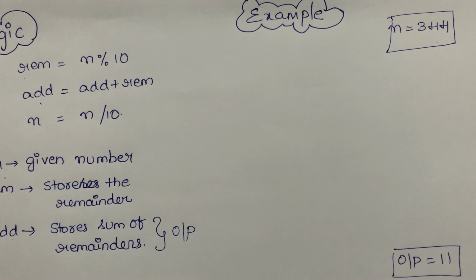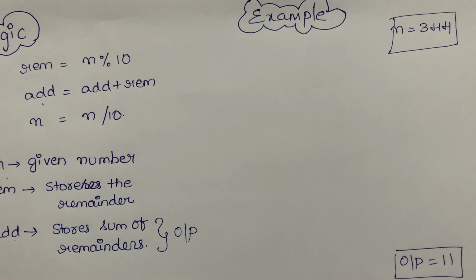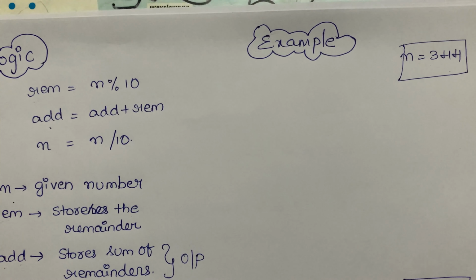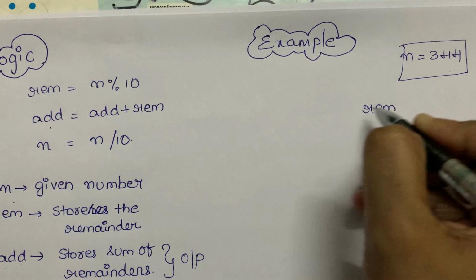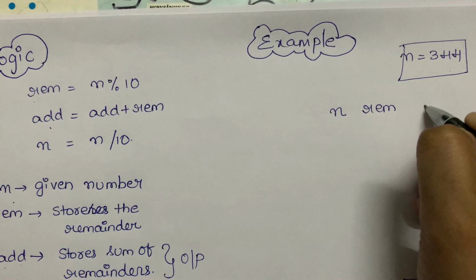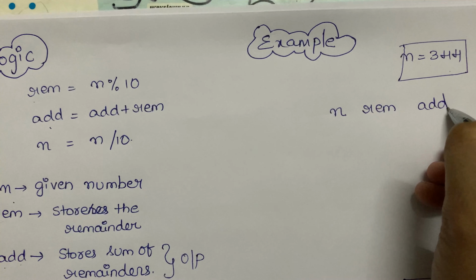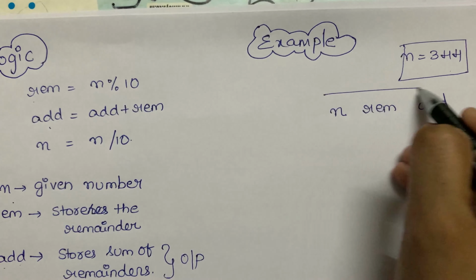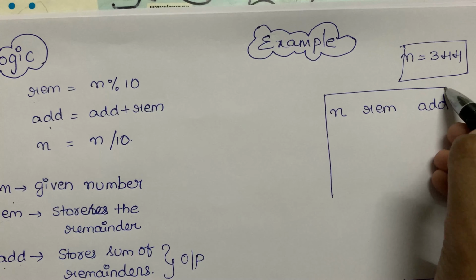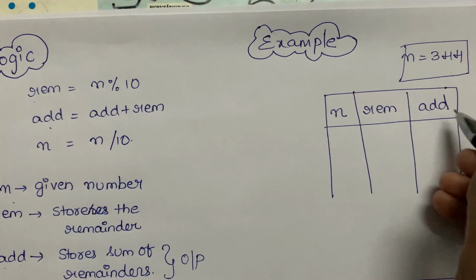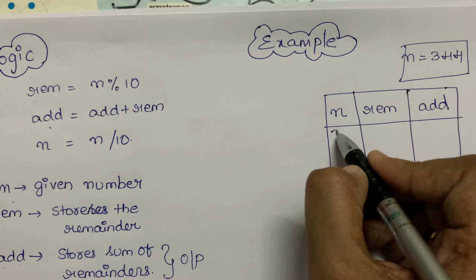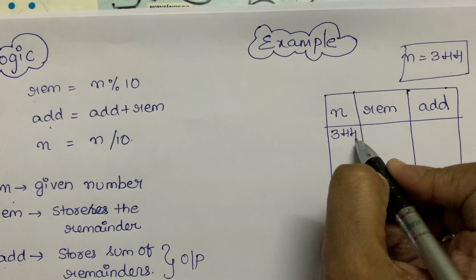What are the three variables here? REM, N value and add value. These are the three variables used in our program logic. The given N value will be 344.